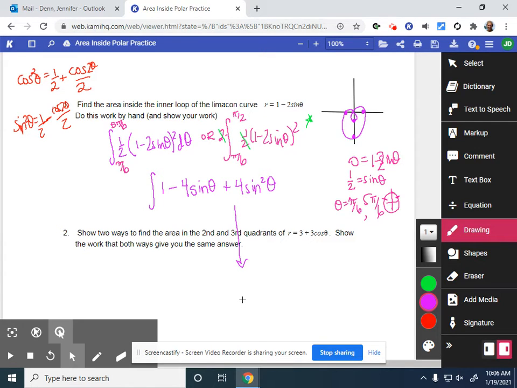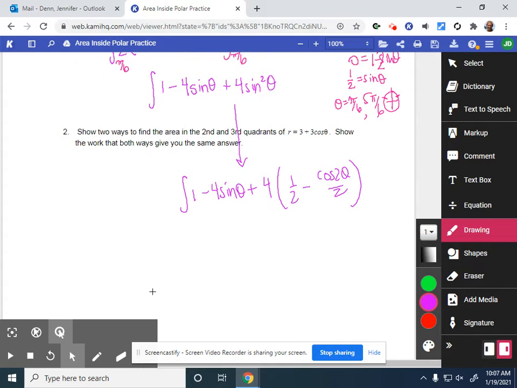I have to replace this, so I'm going to have the integral of 1 minus 4 sine theta plus 4 times 1/2 minus cosine 2 theta over 2, using that power reducing identity. I'm going to clean this up some more. I'm going to have the integral of 1 minus 4 sine theta plus 2 minus 2 cosine 2 theta.